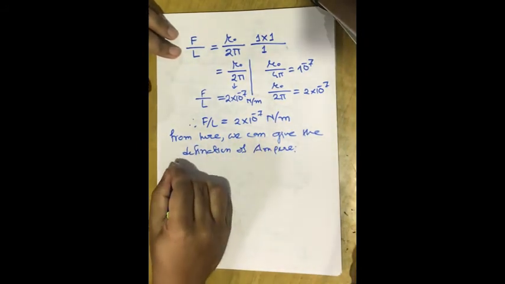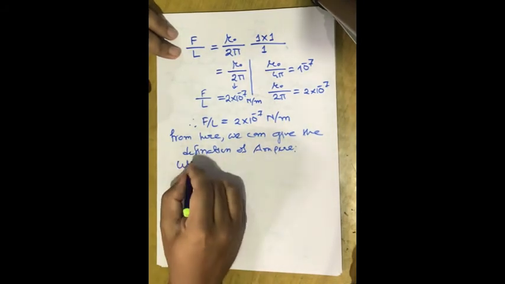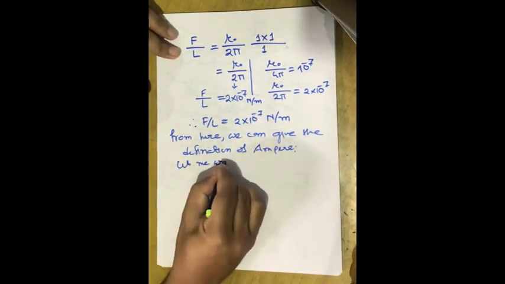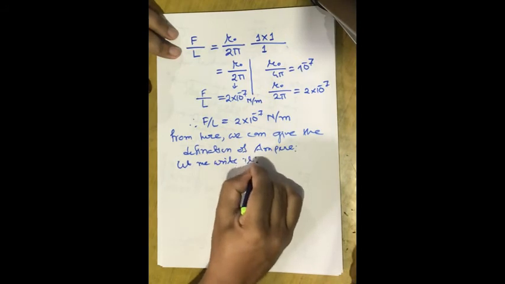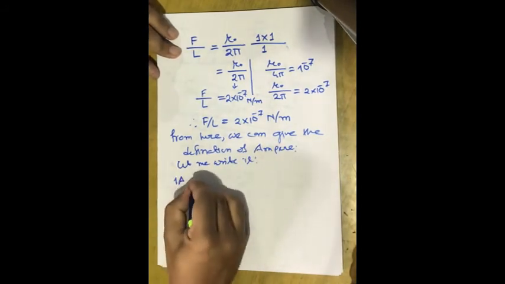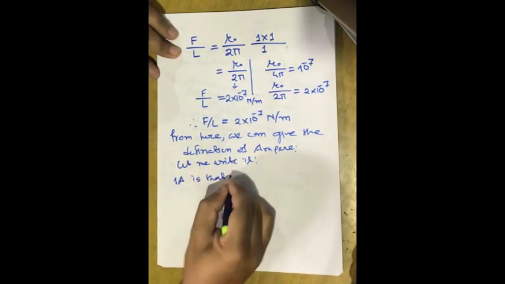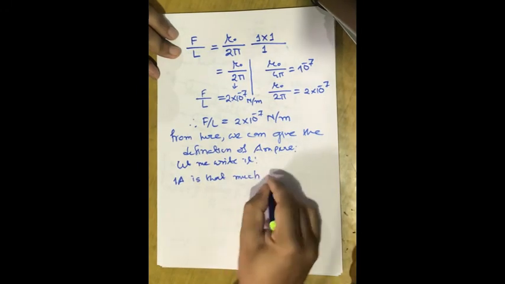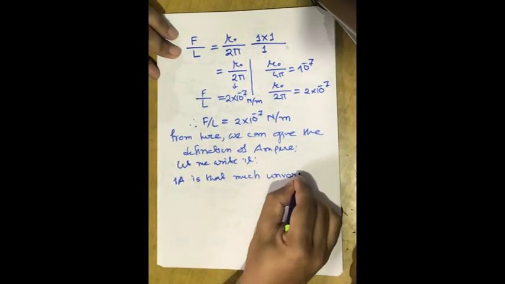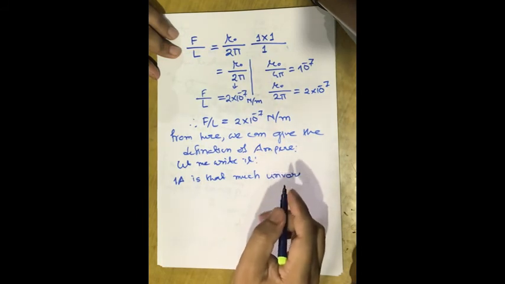So this is the most basic definition of ampere. Let me write it again for your understanding. 1 ampere is that much unvarying current, because I am not considering the case of time varying current.